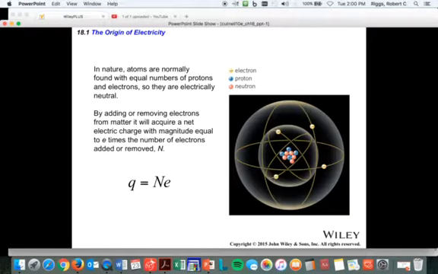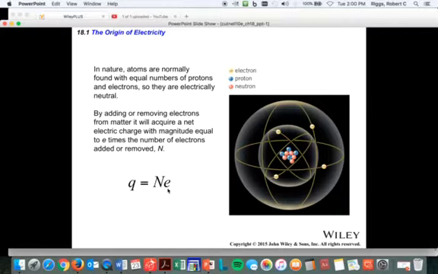In other words, the amount of charge is quantized. Notice Q, which is in coulombs here, is equal to the number of electrons, or the number of net things there are, times the net charge, which is an electron.